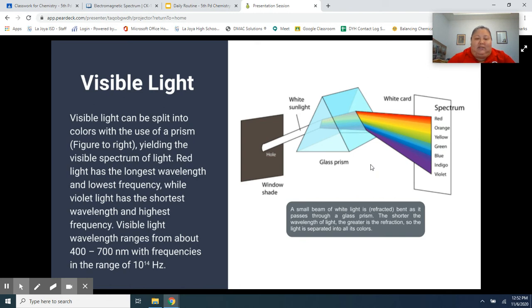And again, they tell us about how long these waves for the colors are: 400 to 700 nanometers. Okay. And then for the picture, it says a small beam of white light, which is the sunlight, is refracted. Refracted is just a fancy word for bending light as it passes through a glass prism. The shorter the wavelength of light, the greater the refraction. So light is then separated into the colors of the rainbow.